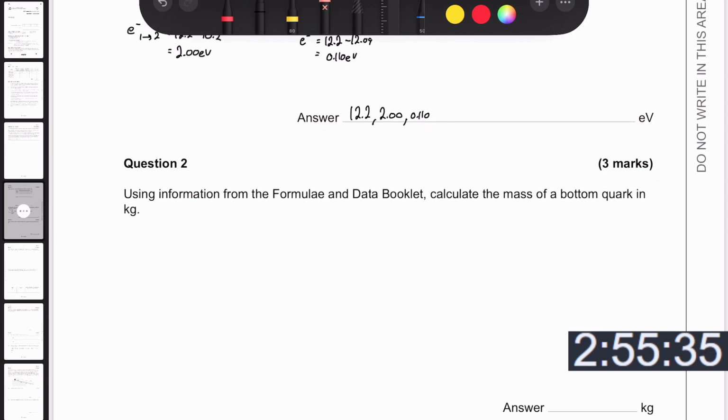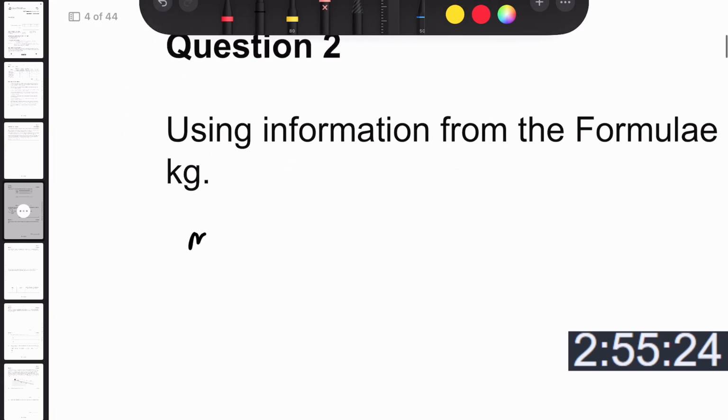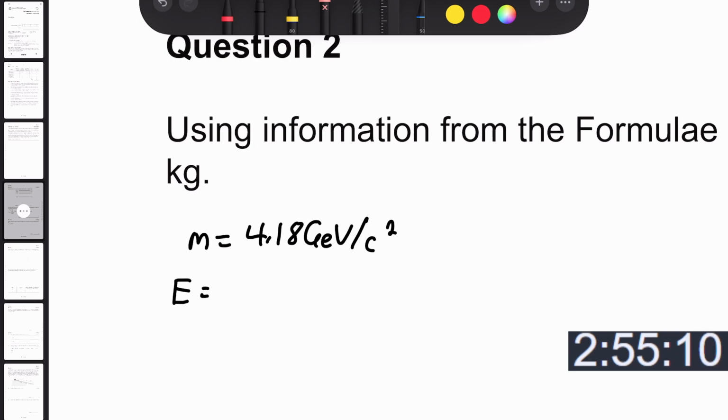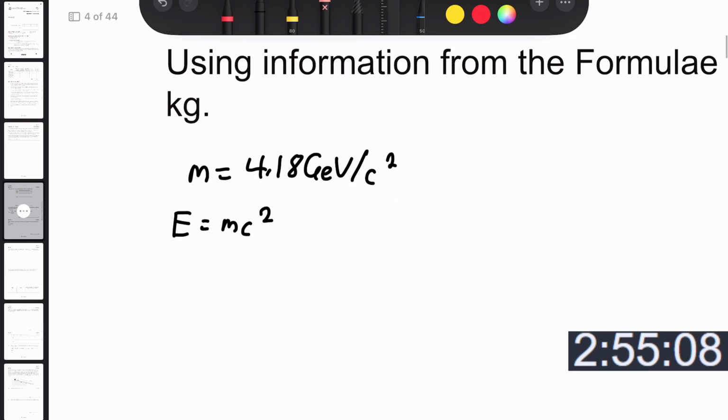Okay, using information from the formula data book, calculate the mass of a bottom quark in kilograms. This is an easy one. So the mass of a bottom quark is 4.18 GeV per c squared. E is equal to mc squared.